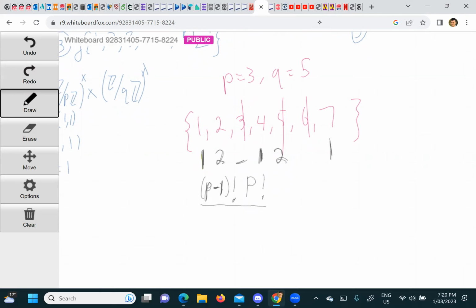In this case, there's only one multiple of q, but because the whole thing goes up to pq minus 1 on 2, there should be p minus 1 on 2 multiples of q. Does that make sense?